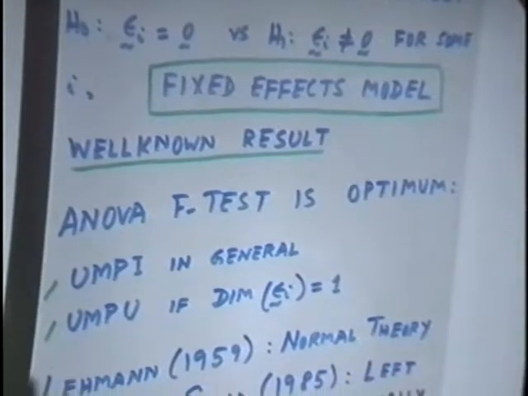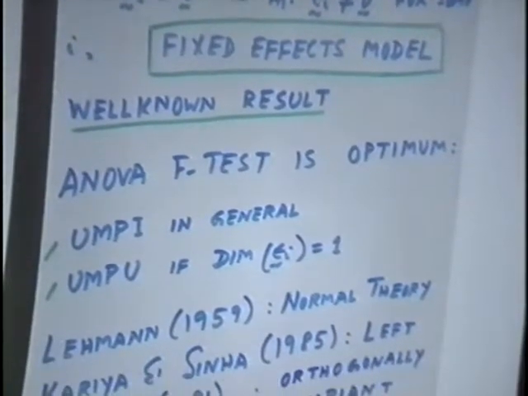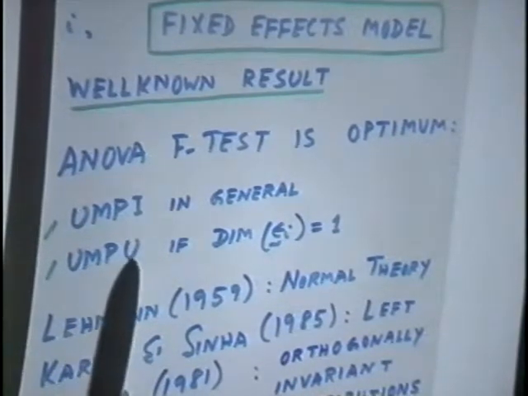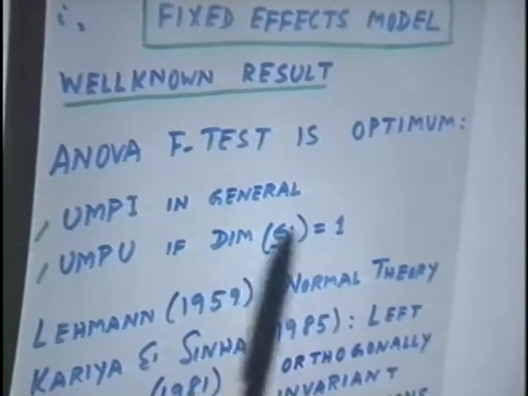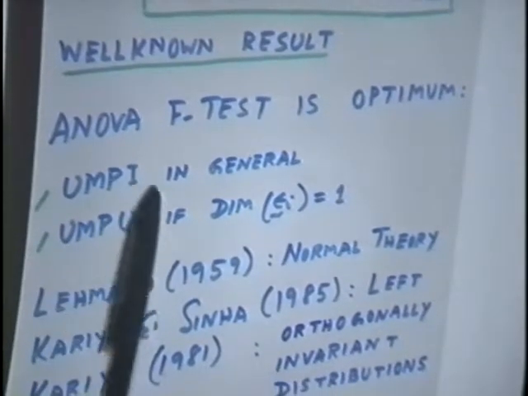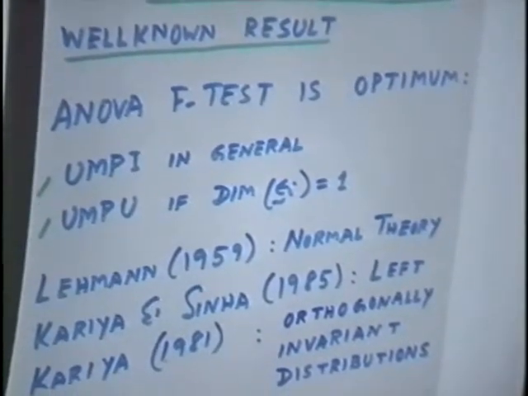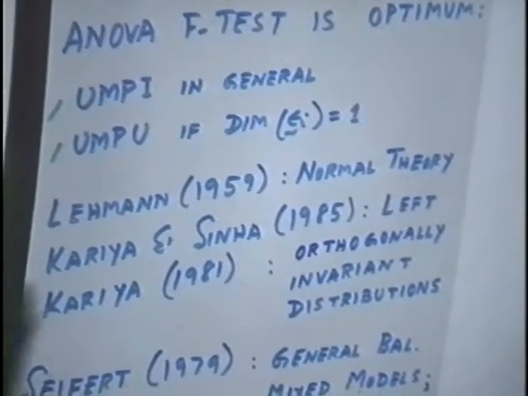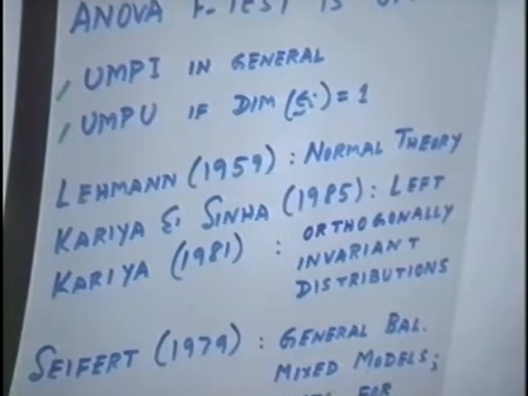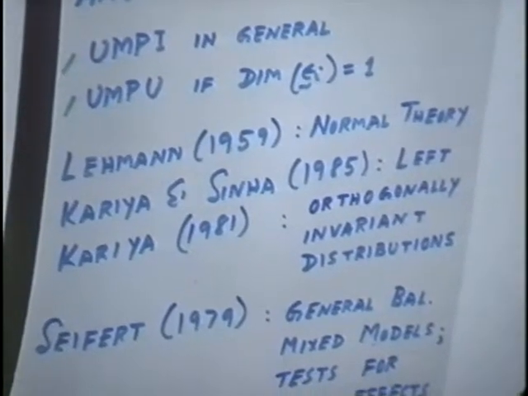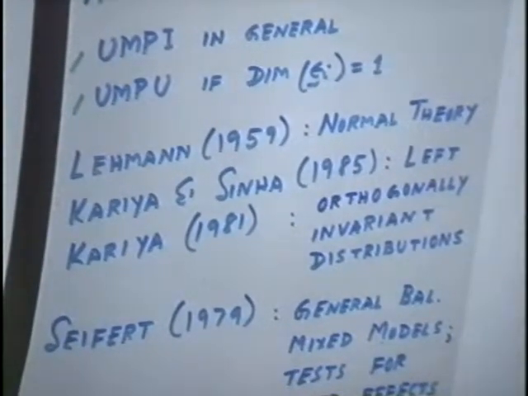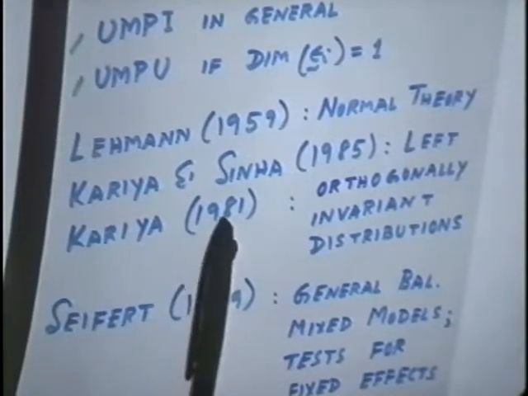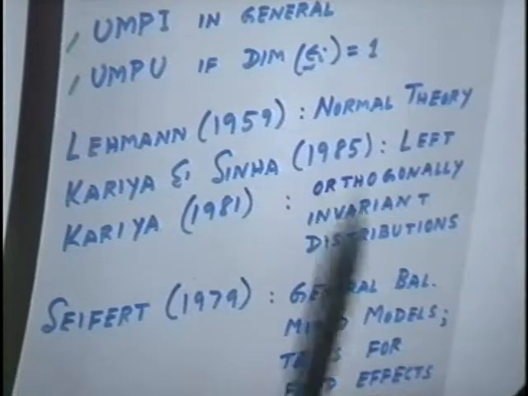Optimum in the sense that if the dimension of this is 1, essentially it's one element, then it is UMPU, and more generally, if the dimension is more than 1, it is uniformly most powerful invariant. The proof is given in Lehmann 1959, the classical book on testing of hypotheses under normal theory. The proof also appears in Carrier 1981 and in Carrier and Sinha 1985.